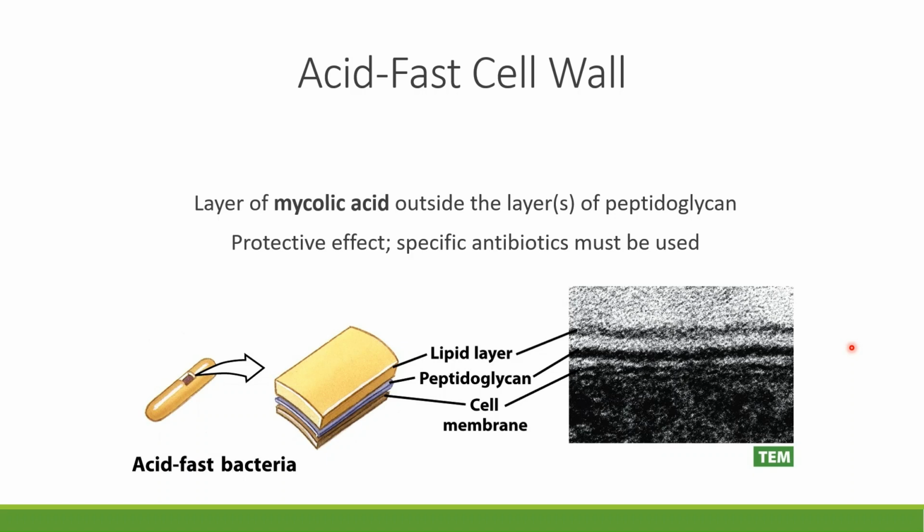Waxes are similar to lipids in that they are made up of long chains of carbon and hydrogen and are therefore hydrophobic in nature, and they like to interact with other lipids or other waxes, but not with water. Examples of organisms that contain this are the mycobacterium that cause tuberculosis and leprosy.